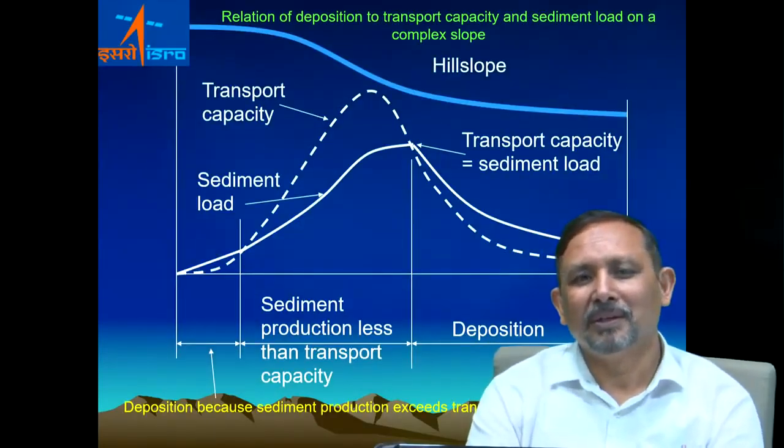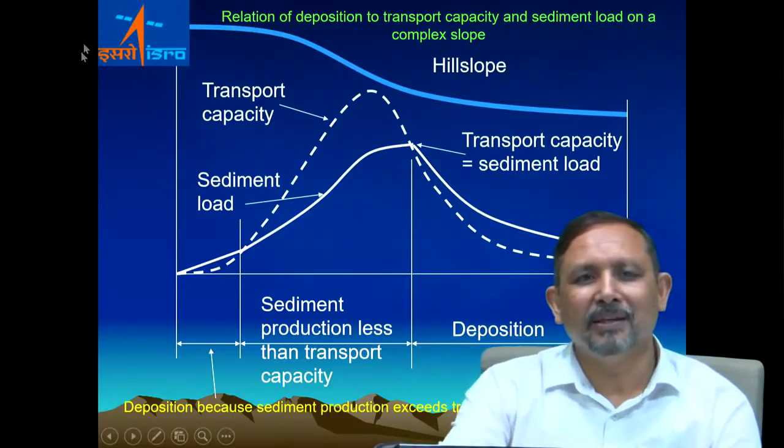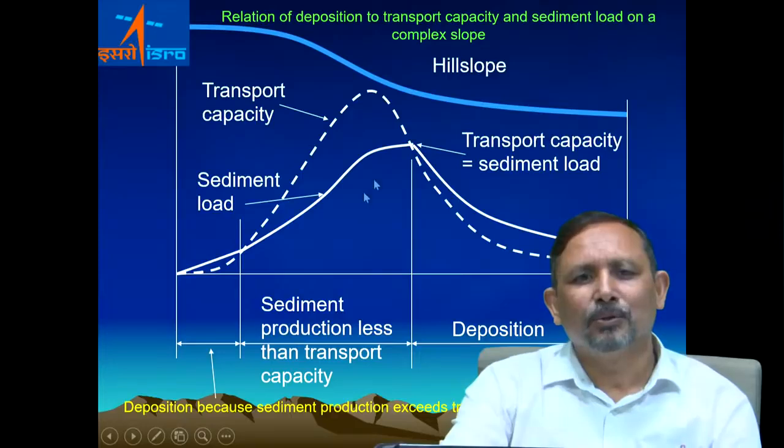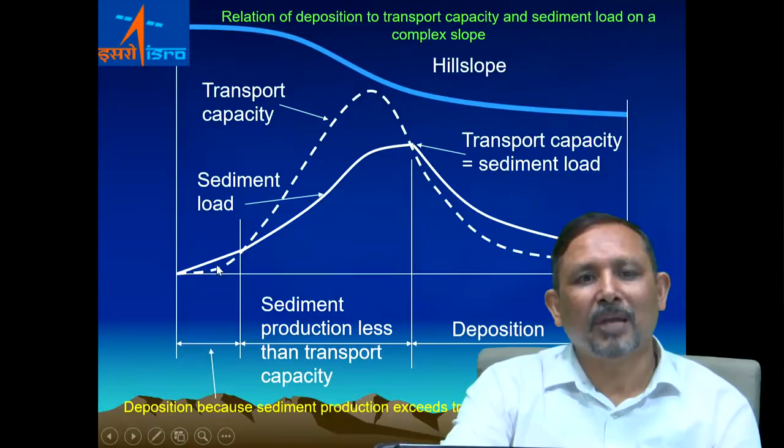This is one classical example. You can see a hill slope here. It shows the sediment load, and here it shows the transport capacity. Your runoff water in the beginning has high transport capacity, so it detaches a larger amount of sediment.